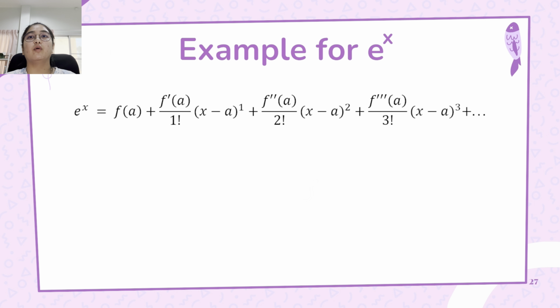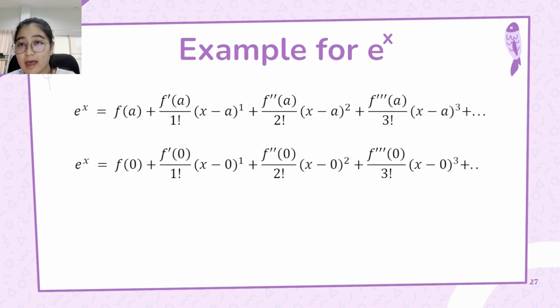Now I will give an example for the series, the example for e to the x. We know that the derivative of e to the x will always be equal to e to the x, as the theorem taught. And we know that e to the 0 is always equal to 1.